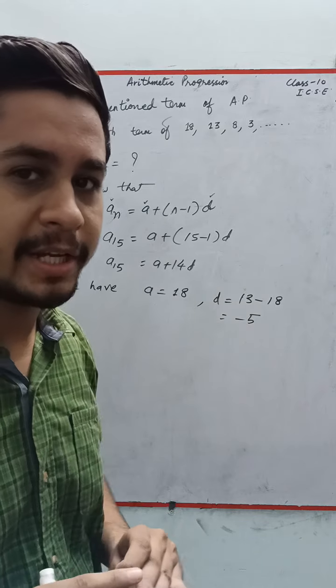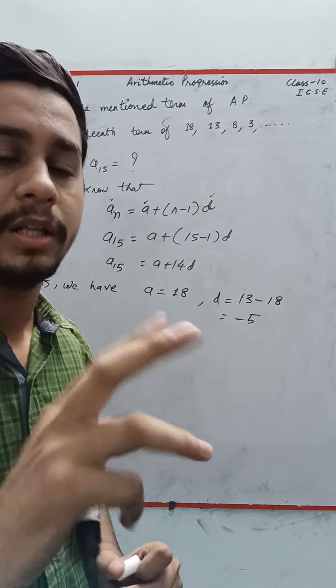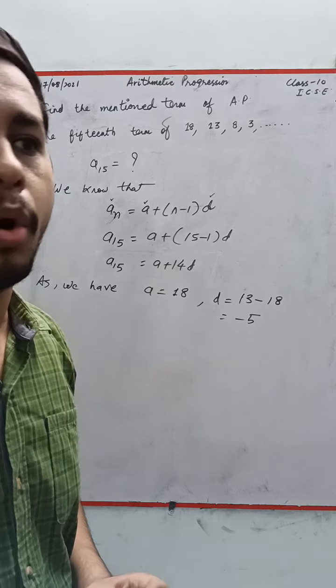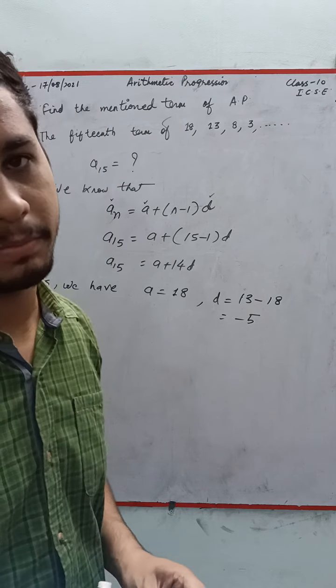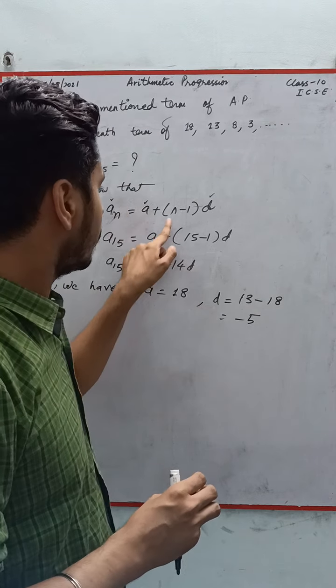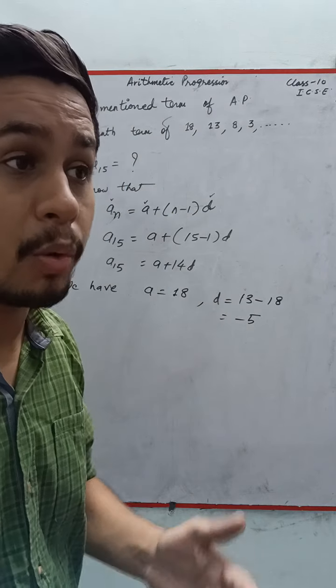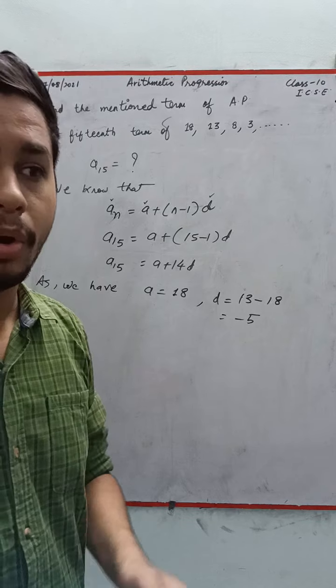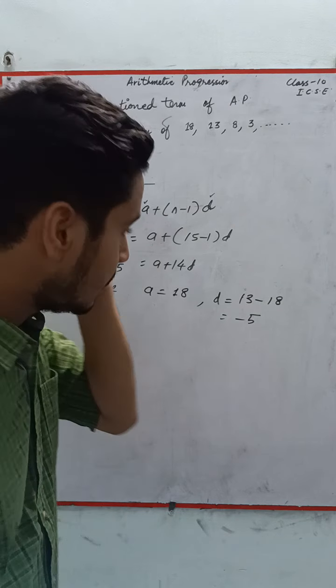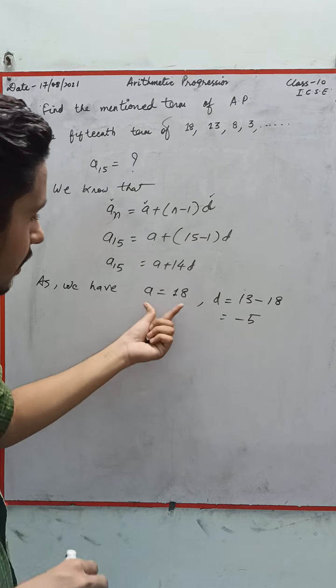It cannot be negative and it cannot be a decimal, or an irrational number, okay. Because this is the counting, this is the number of terms, and the counting cannot be done in negative or in fraction and decimal, okay. So write this thing.